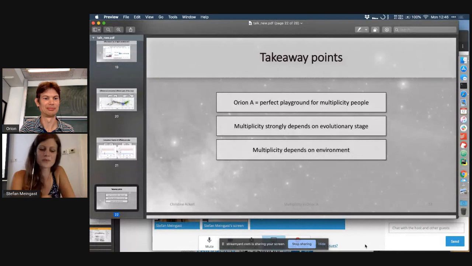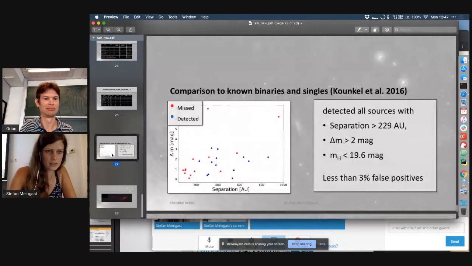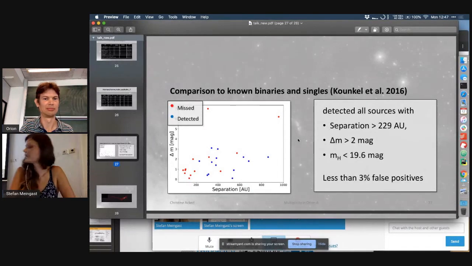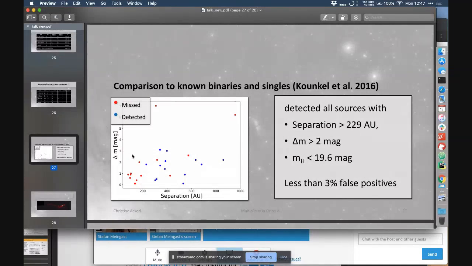So the one thing is that we can compare with Marina's sample, for example. So we see how many of her stars we find, of her binaries we find. I do have a slide on this, which looks not so good, but this, for example, is the binaries in her sample, separation versus magnitude difference.